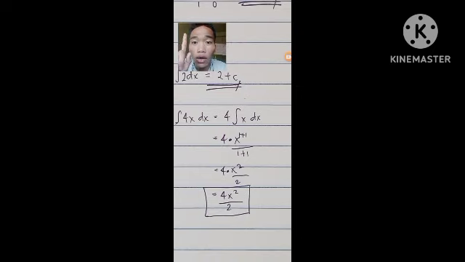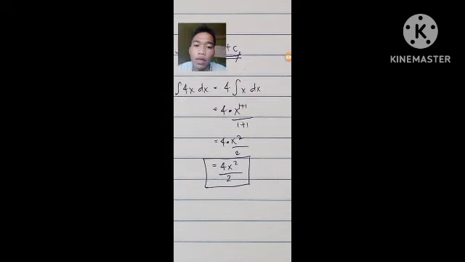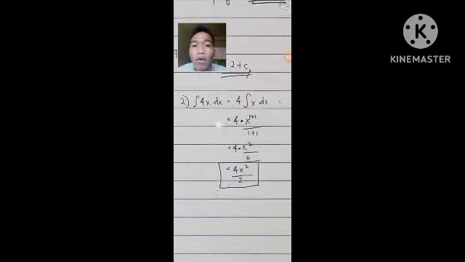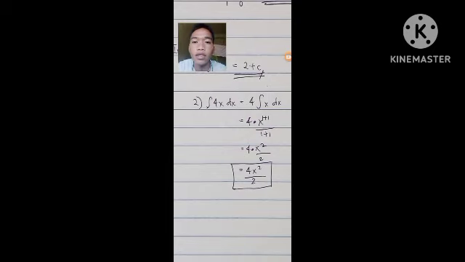So x raised to the power of 1 plus 1 over 1 plus 1, and then the total is 4 times x squared over 2, so we have 4x squared over 2. This is how the integral is solved. And that's all, ma'am.